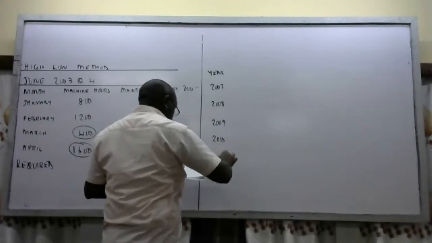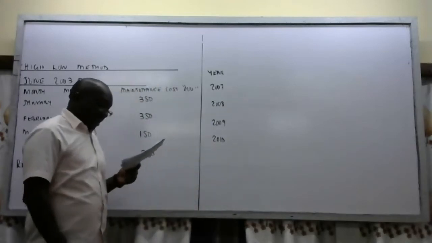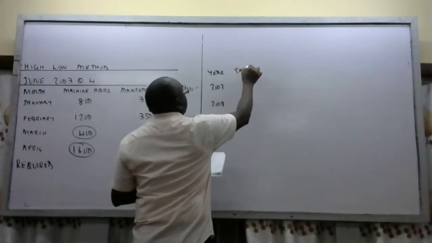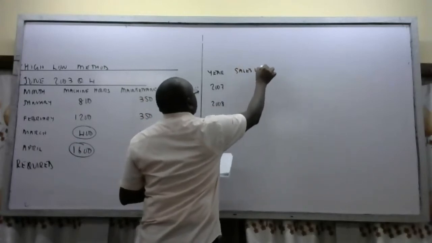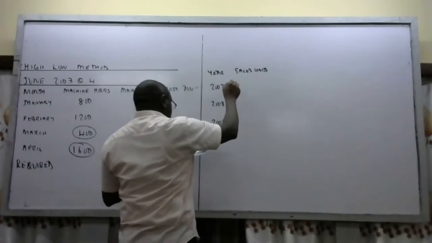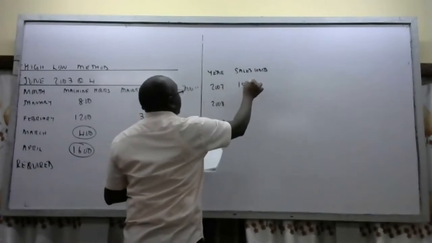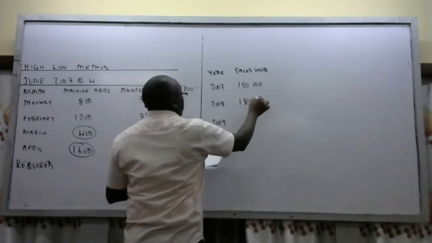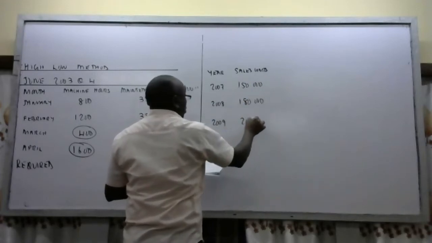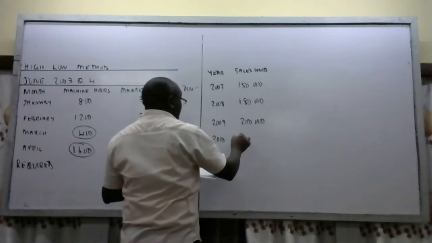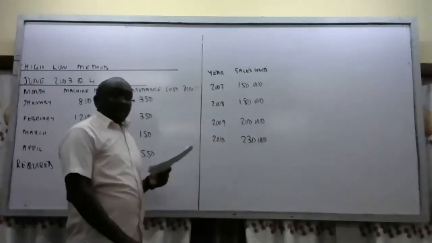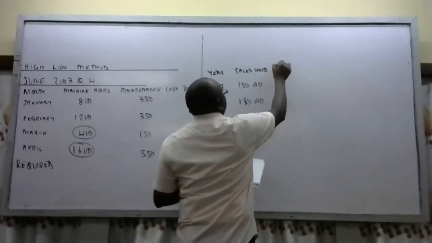So we have the year there, then followed by sales units. So sales units were 150,000, 180,000, 200,000, and 230,000. It is followed by sales revenue.